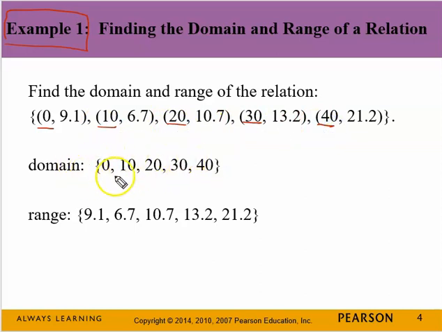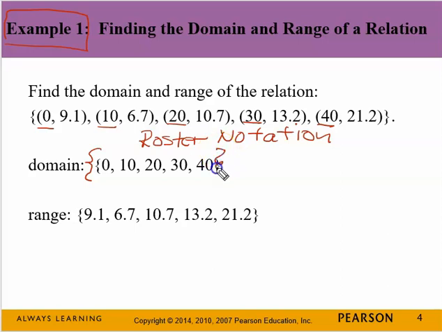Now another word I'd like you to write down for background is what we call roster notation. Roster notation is a way of writing sets of things where we use a brace and then list the elements individually.